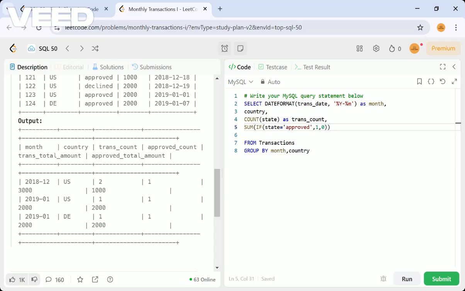What aliasing name should we give here? They have given approved count. They are not asking about rounding up anything here. So if it is approved, we get the approved count by summing their values. Okay. Sorry, this is fine, right? And they are also asking.